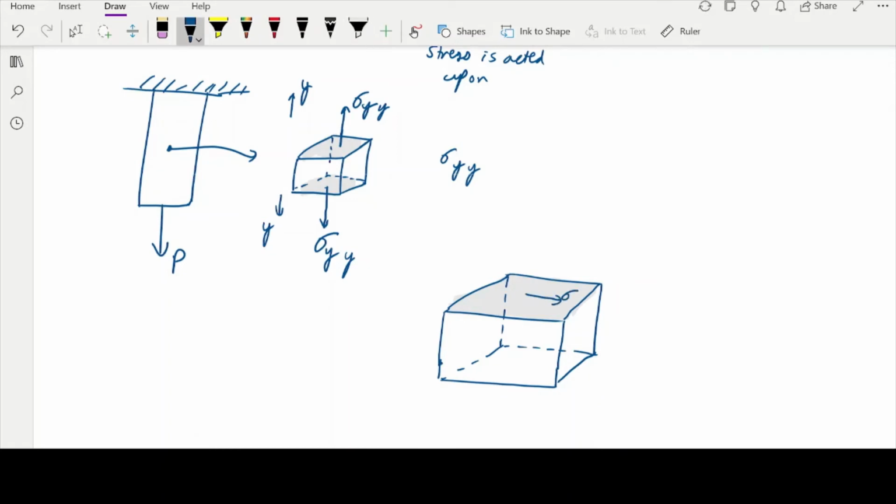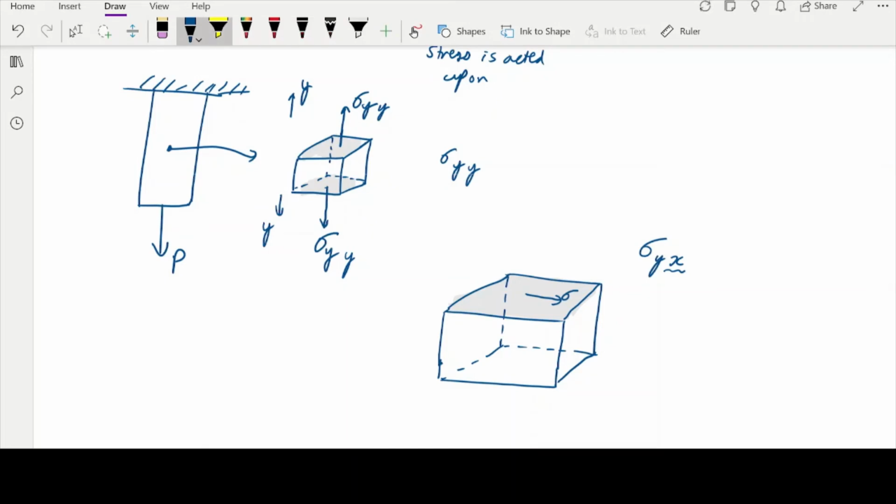Now the direction of this sigma is in x direction, right? And the plane in which this sigma acts, the normal to that plane is in y direction, right?